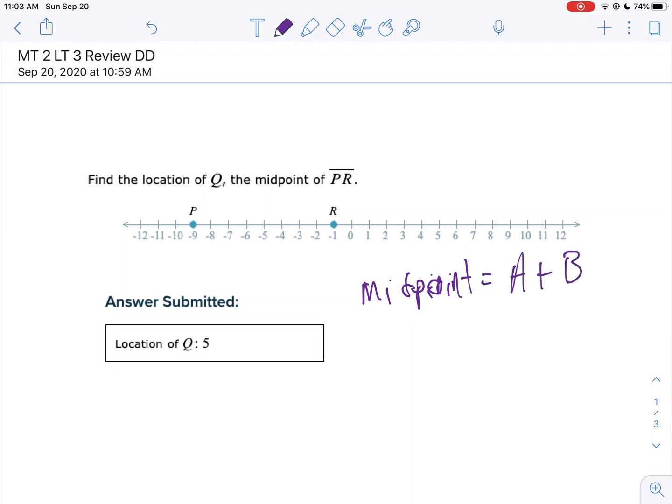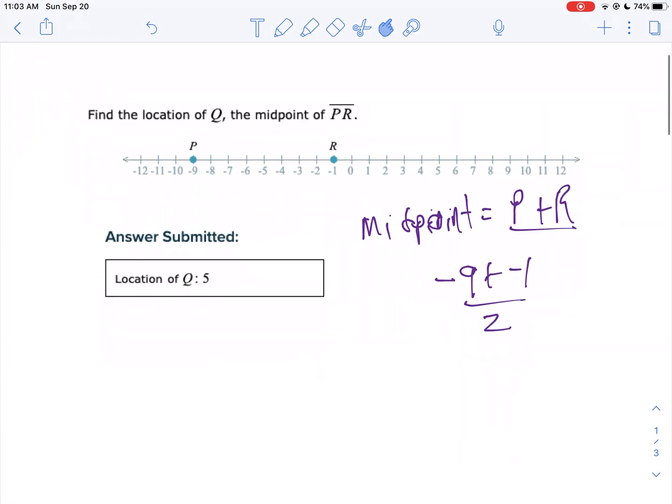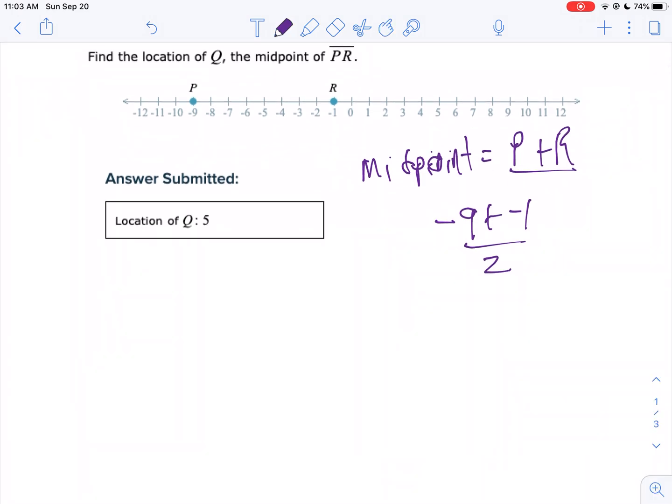I'm going to go A plus B. Actually, for this problem, I'm going to go P plus R. So P is at -9, R is at -1, and you divide by 2. Well, -9 plus -1 is -10 divided by 2, which is -5. I'm pretty sure you just forgot the negative sign, but you didn't submit me your work, so I'm not going to guess about that. You got to submit your work.